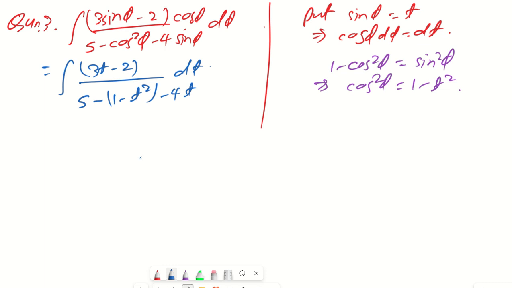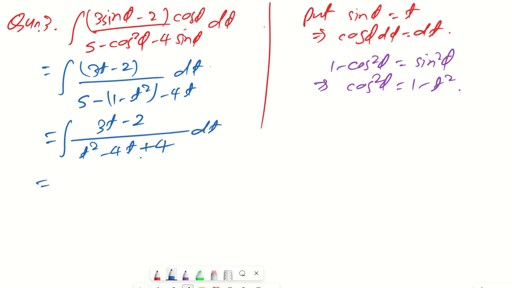Now it becomes very easy. We can solve this quickly. 3t minus 2 by 5 minus 1, that will become 4, and minus minus plus t square, so it will become t square minus 4t plus 4 dt.